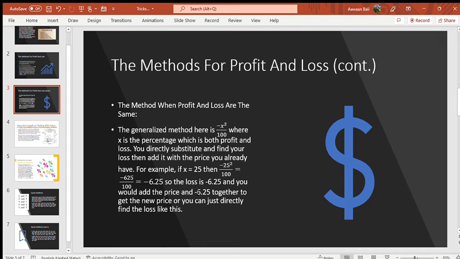So 20 is minus 1.25, then multiply both by 4 to get the 80. So minus 1.25 times 4 is minus 5, so you get 5 euros less, so that means you would get 75 euros. But if you just want to find the loss, you would do that and say the loss is going to be 5 euros.